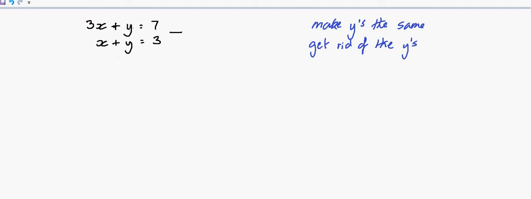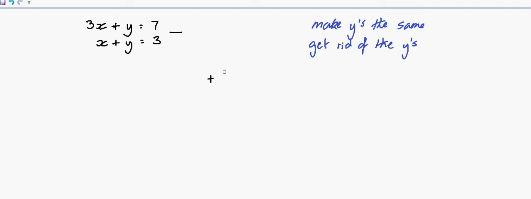If they're different signs, then I add them. So if I add a plus y to a minus y, one will cancel the other out, because I want 0. This is the reverse of what we would normally do, where same signs always give you positive and different signs always give you negative. Because we want 0, we're going to do the opposite.